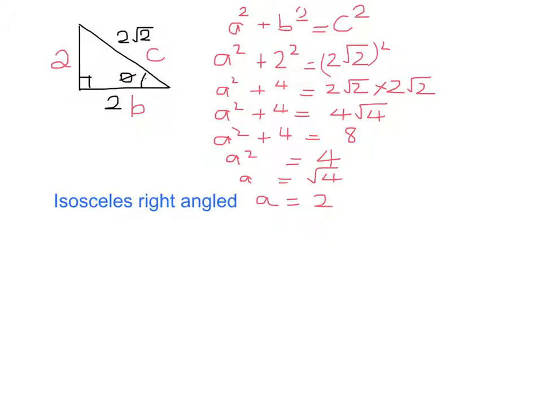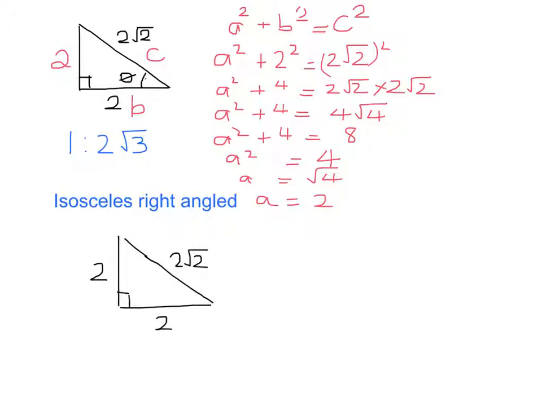So let's have a closer look at our sides to see if they fit the ratio 1 to 2 to root 3 and if it's a 30, 60, 90 triangle. So we've got two sides of 2 and a side of 2 root 2, and we can see that they are not in the ratio 1 to 2 to root 3. But what we do have is two sides the same. So that means we have an isosceles triangle. So we've got an isosceles right angled triangle.